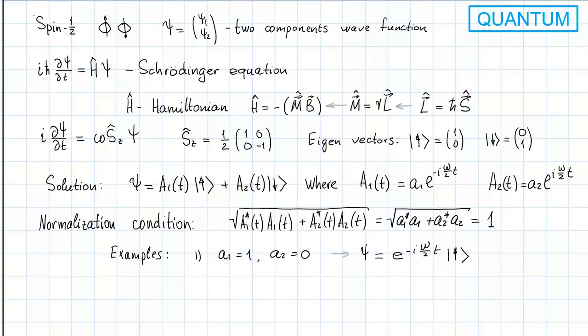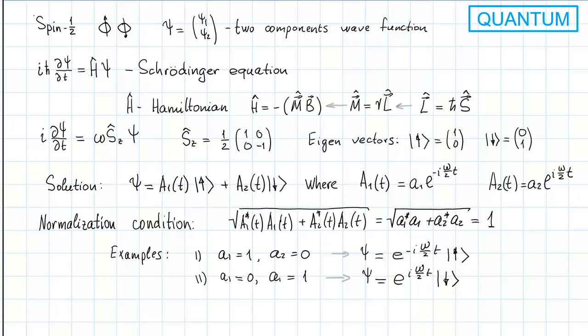The second example is very similar to the first, with the only difference that now a1 is equal to 0 and a2 is equal to 1, which yields the wave function psi equal to e to the power of i omega divided by 2 multiplied by t, multiplied by the spin down vector.